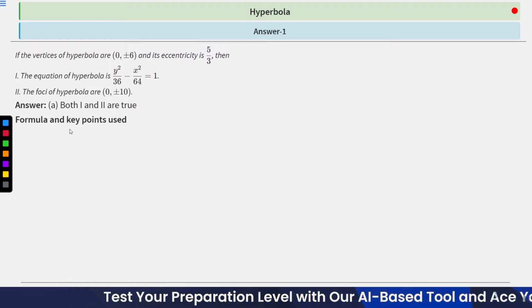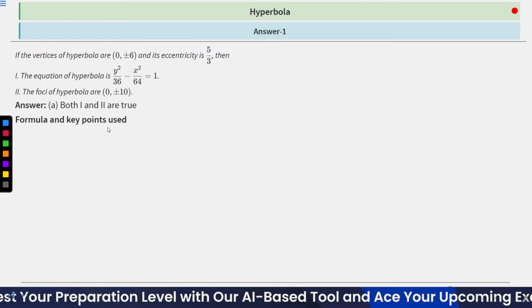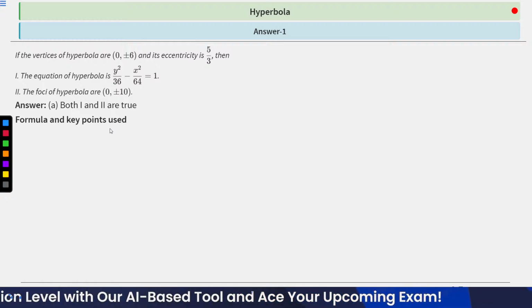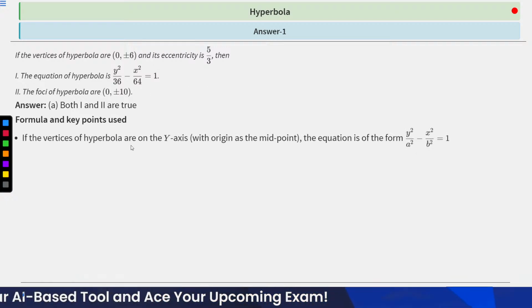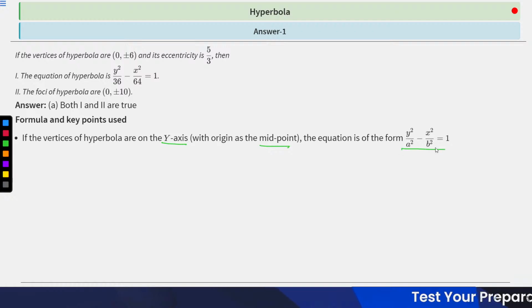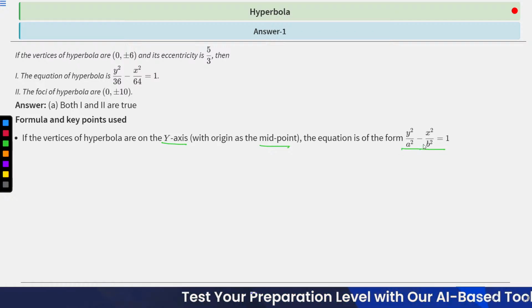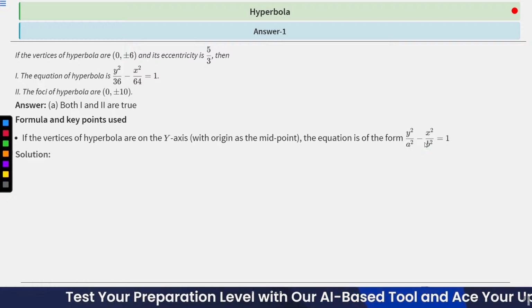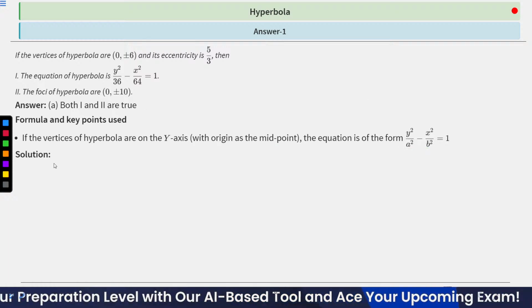The first thing is the formula and key points used in this solution. If the vertices of the hyperbola are on the y-axis with the origin as the midpoint, the equation of the hyperbola is of the form y square by a square minus x square by b square is equals to 1. Now, the solution.